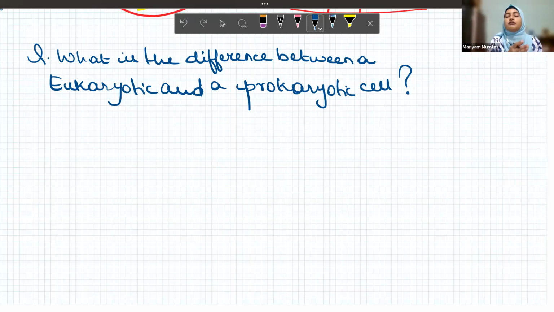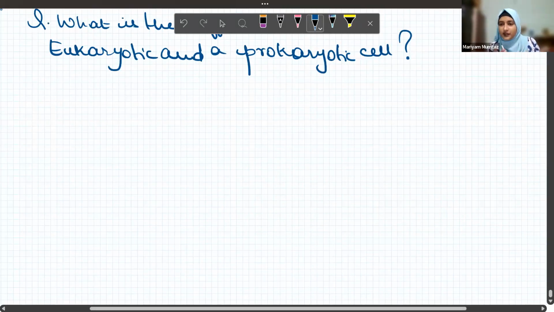But when we are talking about the eukaryotic cell, they have a membrane-bound nucleus, meaning the nuclear membrane is present. Also, they have membrane-bound organelles.